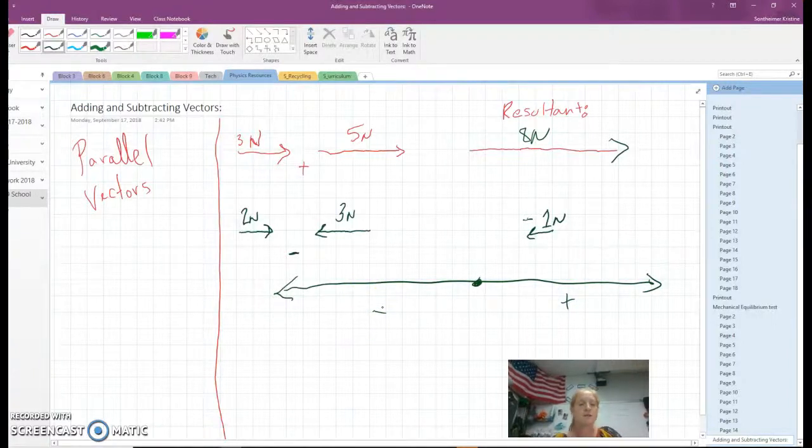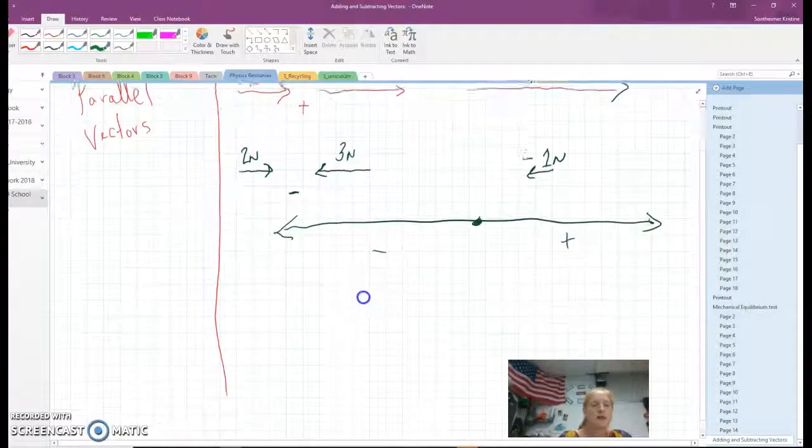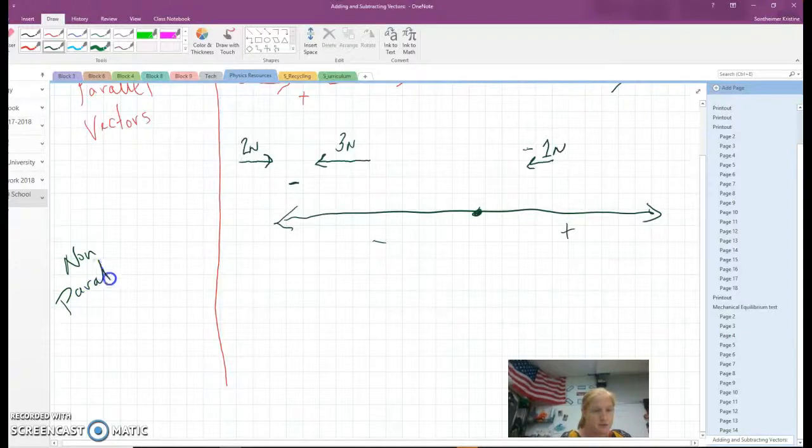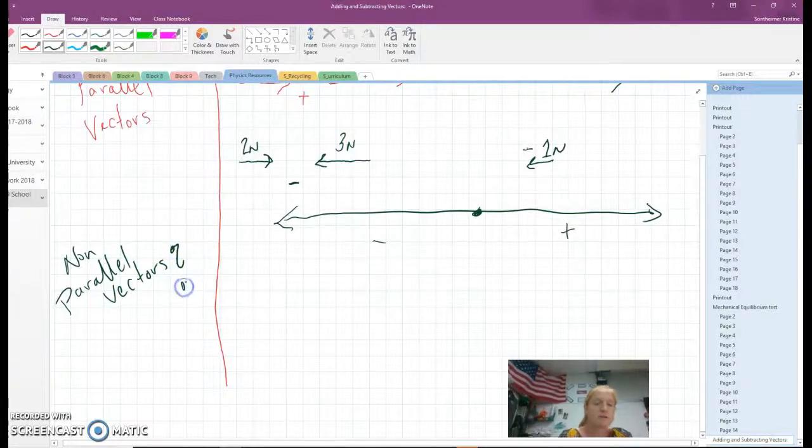Okay, vectors, as we learned before, have scalars, meaning there are numbers, and they have direction, meaning they go in a specific direction. Okay, but what about if I have non-parallel vectors? So for example, we'll go with the easy ones.